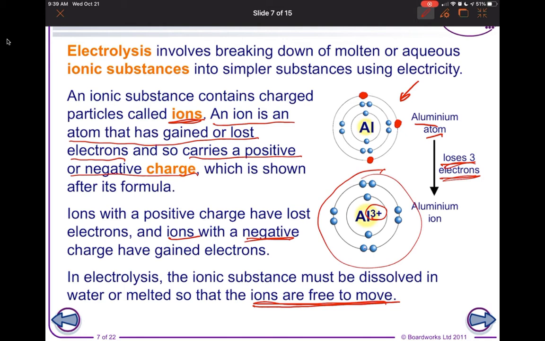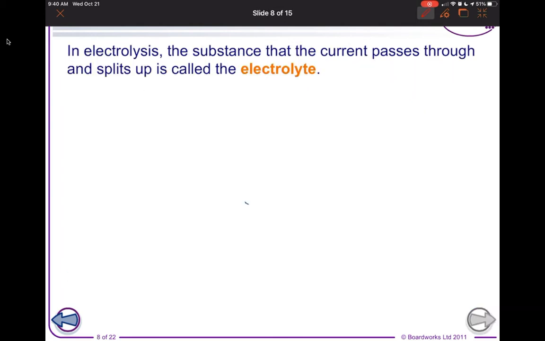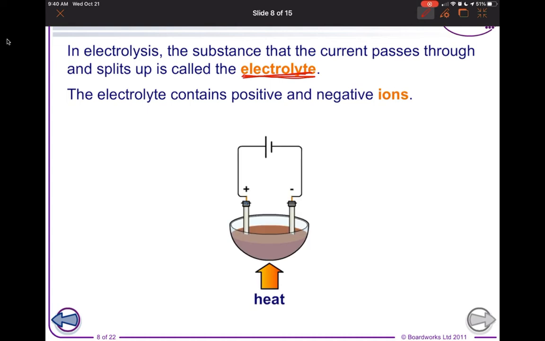And that's the goal. So during electrolysis, what happens is the ions that are part of our ionic compound break apart into their independent ions. Now, once that substance is split up, so once my ionic compound is split up, that is called the electrolyte. This electrolyte will have both your positive metal ions and your negative non-metal ions.